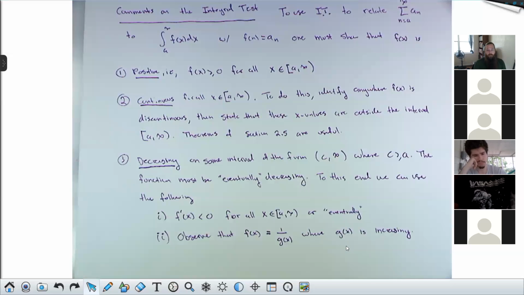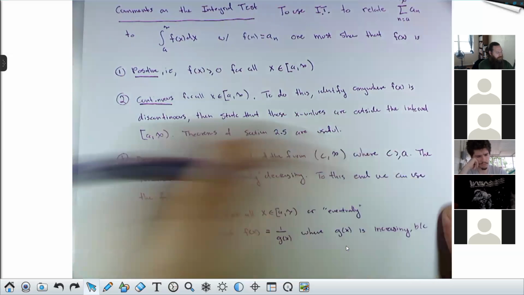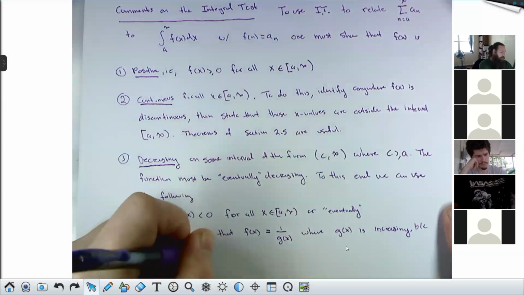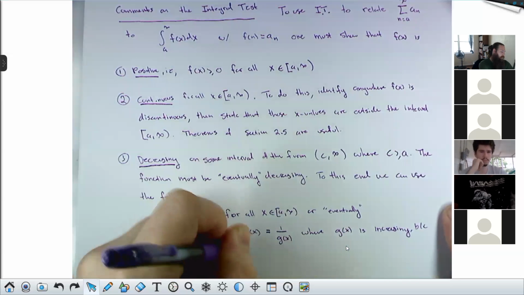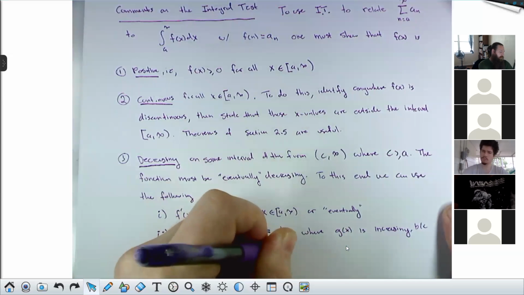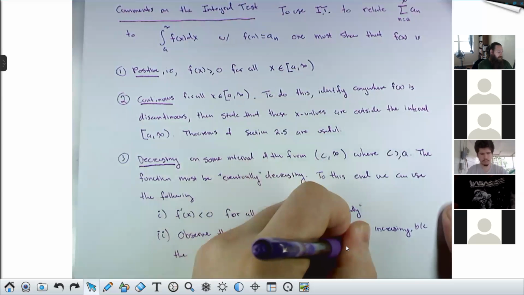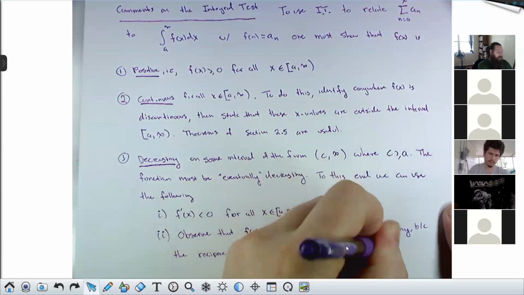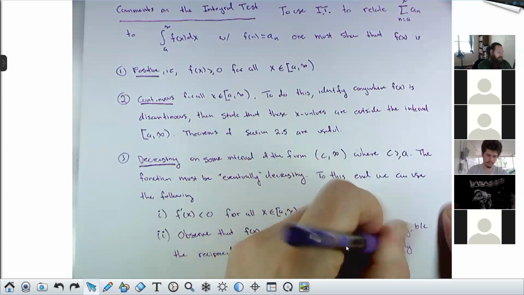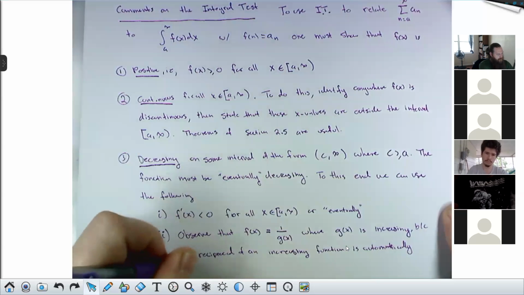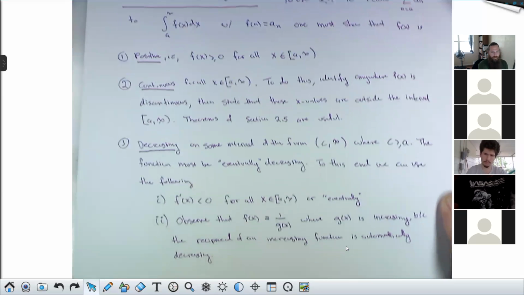And if the function you're messing with, f of x, is the reciprocal of one of those whose graph we know, and hence can just say, yes, I know this is increasing, then the reciprocal of an increasing function is automatically, what a great word, decreasing. There might not be two L's in automatically, I'm not sure.